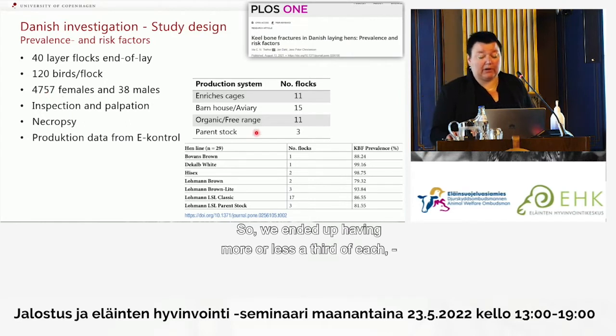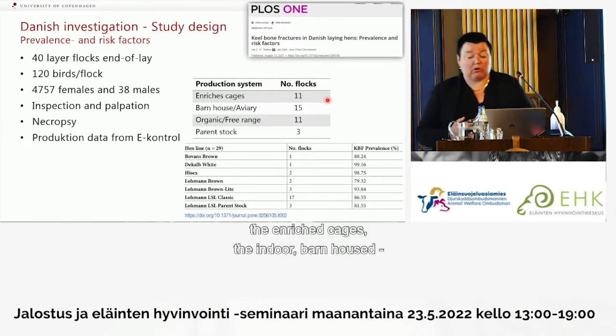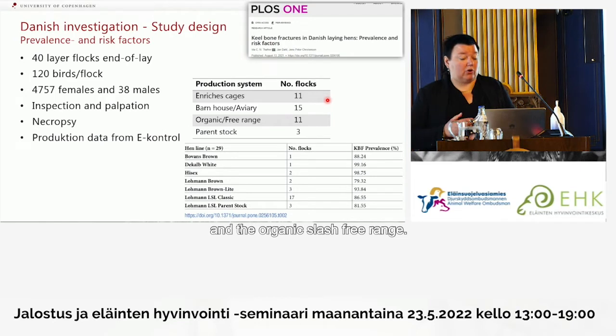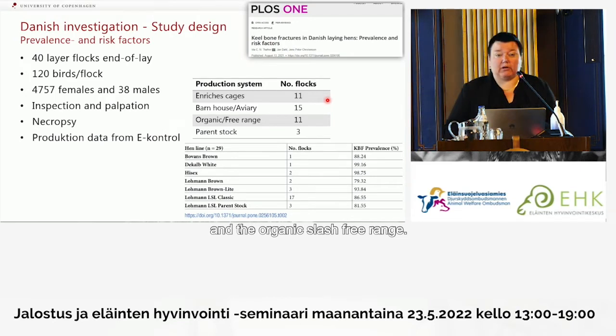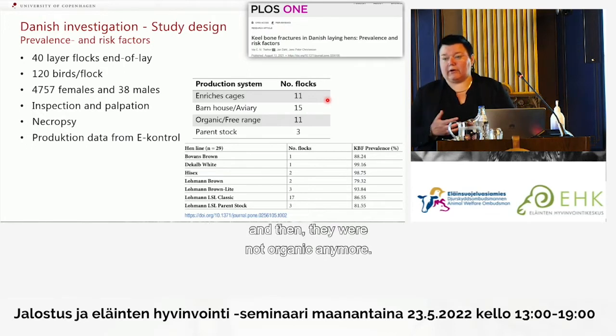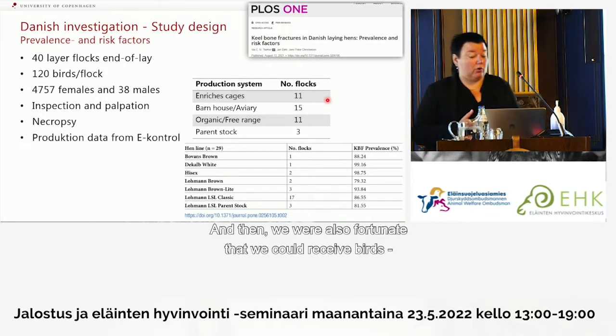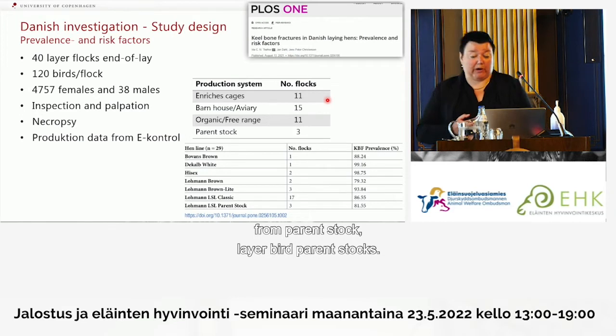So we ended up having more or less a third of each: the enriched cages, the indoor barn-housed, and the organic / free range. It was supposed to be only organic, but then we had the avian flu, and then they were not organic anymore. And then we were also fortunate that we could receive birds from parent stock, layer bird parent stocks.